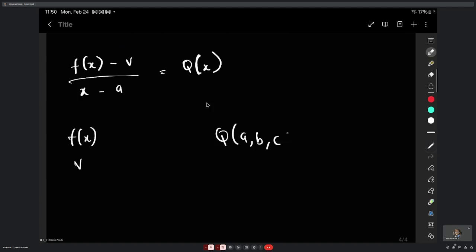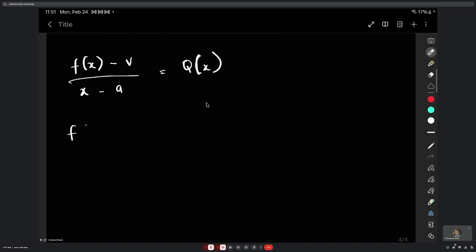If you have f of a, b, c on the left and divide by x minus a, your q should be q of b, c, because a should be eliminated, since x minus a is a factor.